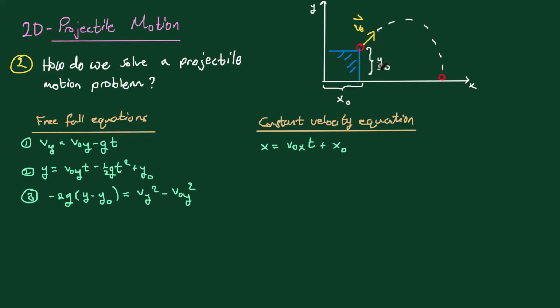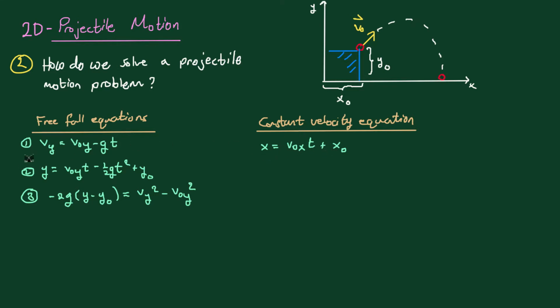For the vertical displacement, the particle experiences an acceleration due to gravity in the downwards direction. So we have to apply the free fall equations for the y parameters of the particle, whereas for the x parameters, we apply only the constant velocity equation.